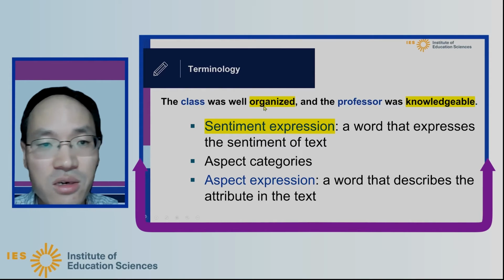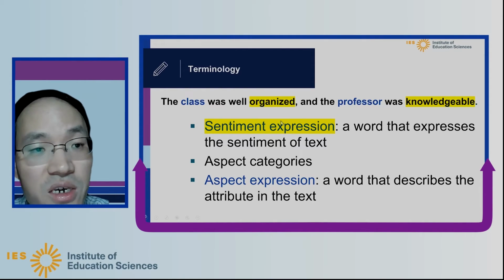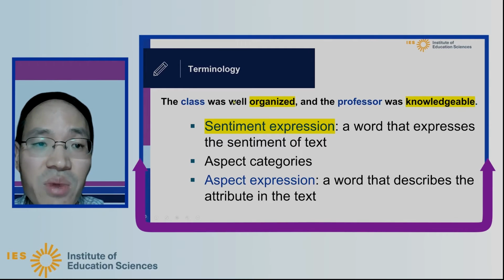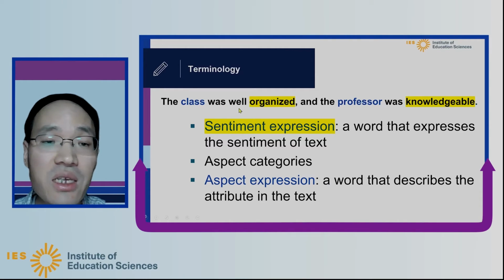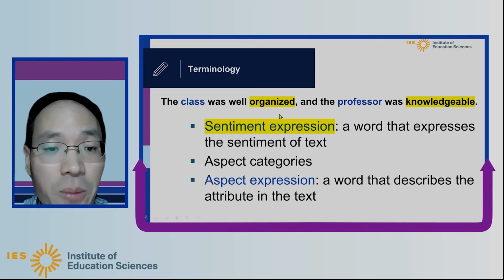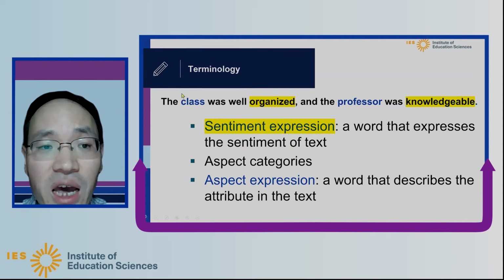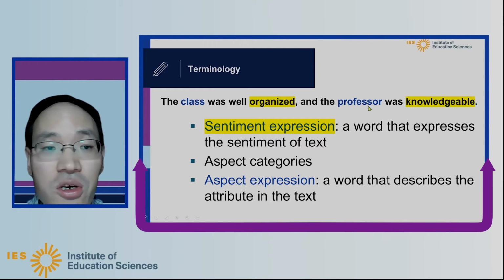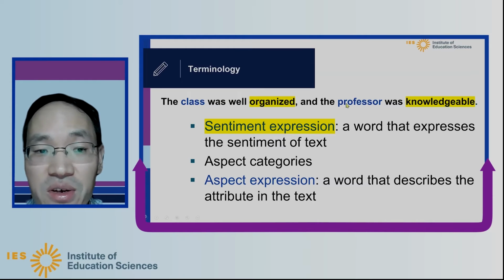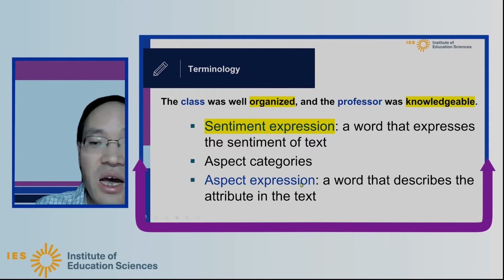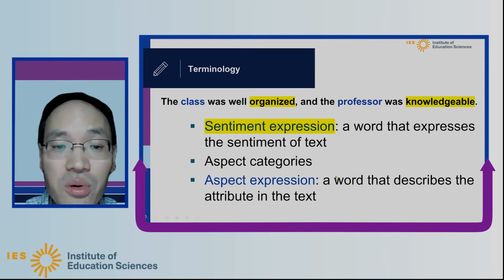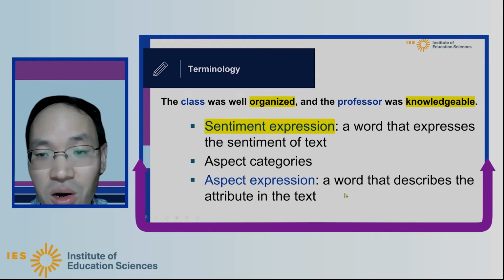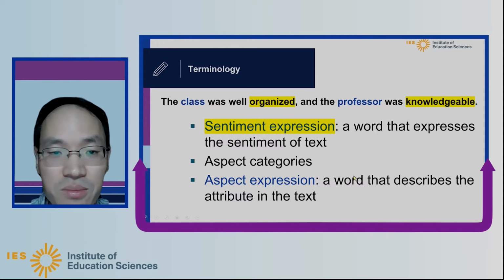And in a text, there might be different aspects mentioned. For example, in this text, there are two aspects: one related to the class, another related to the professor. So the class and the professor are aspect expressions, the words that relate to an aspect or describe an aspect.